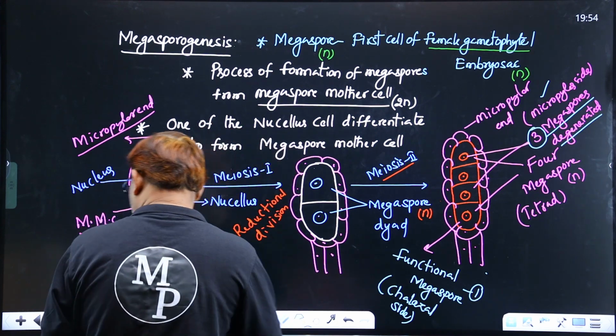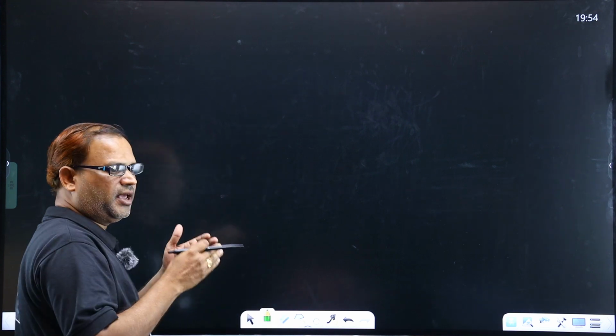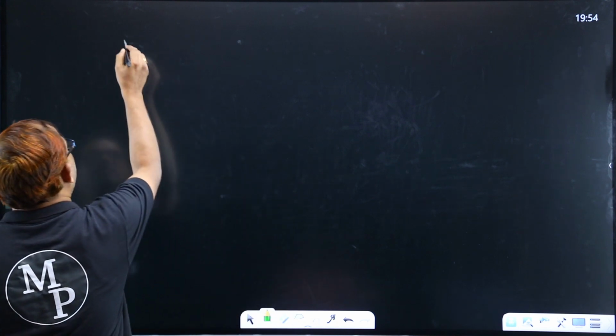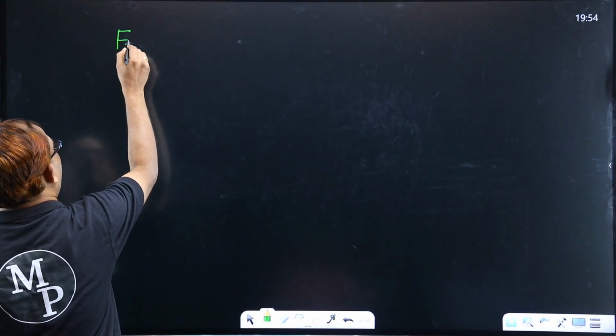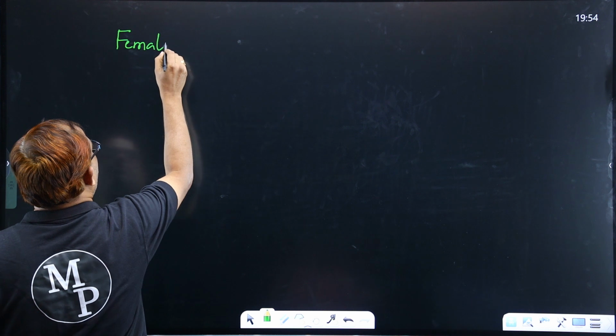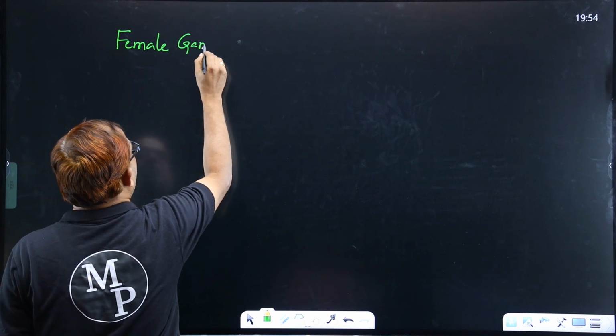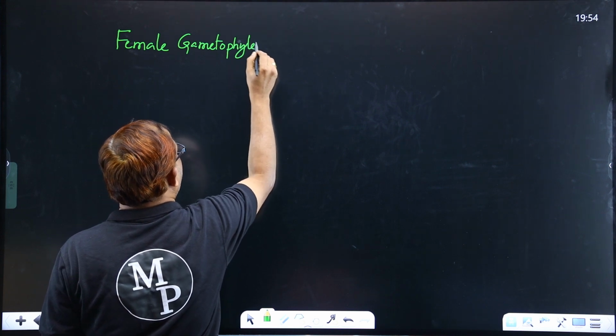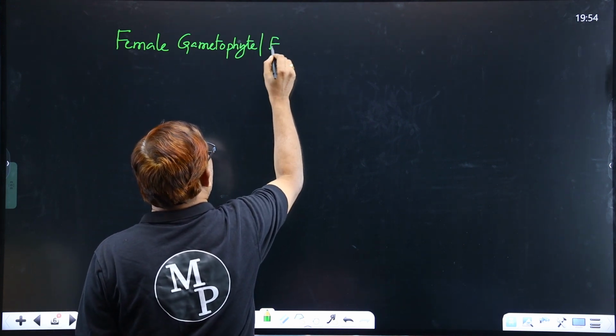Right, now coming to the next. The next area is the female gametophyte or embryo sac. Okay? So female gametophyte, or embryo sac.